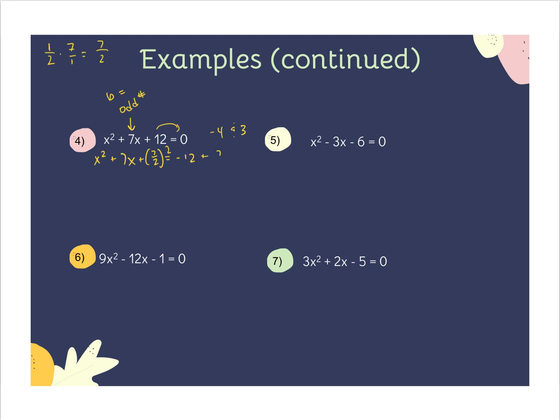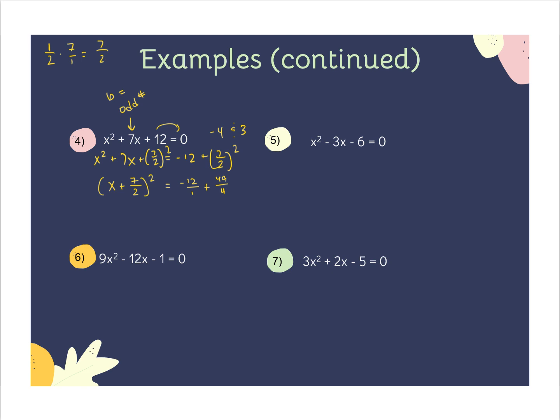So it's going to be plus 7 over 2 squared over here. Now I can skip all this side here and I can go straight to what I was just telling you about and do x plus 7 over 2 squared on the left. Now on the right, I don't really have the luxury of doing that. So here 7 over 2 squared is going to be 7 squared over 2 squared. And so that's what that side looks like.